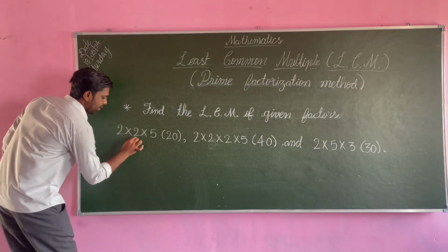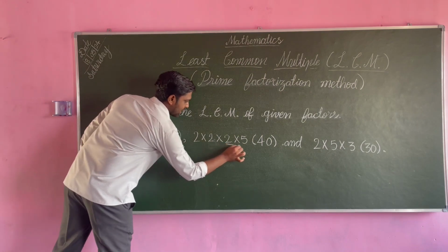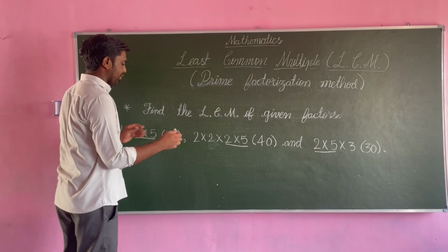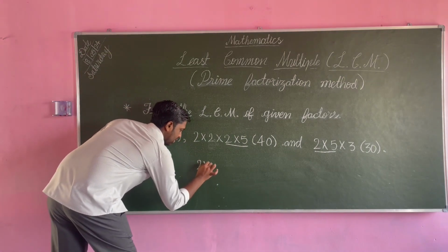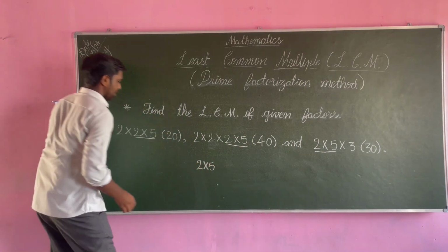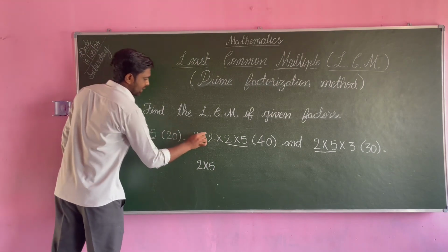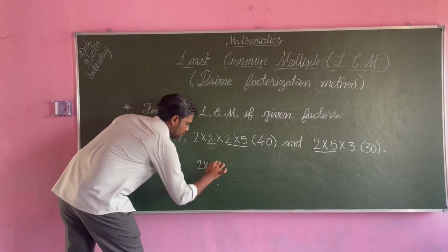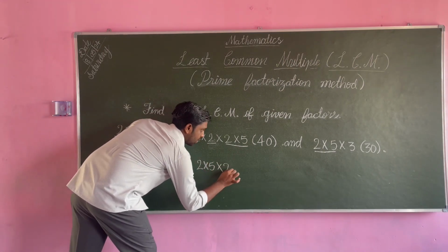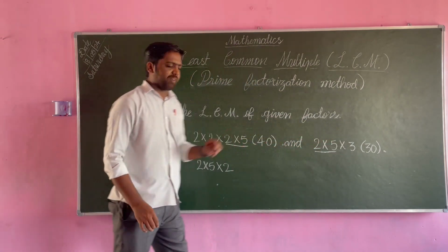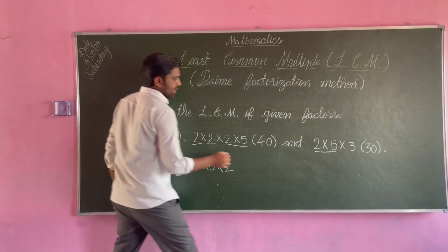Here 2 and 5 are the common factors in all three groups. Let's write 2 and 5 with a multiplication sign. 2 is the common factor in the first and second groups. Let's write 2 with a multiplication sign. 2 and 3 are the non-common factors in the second and third groups.